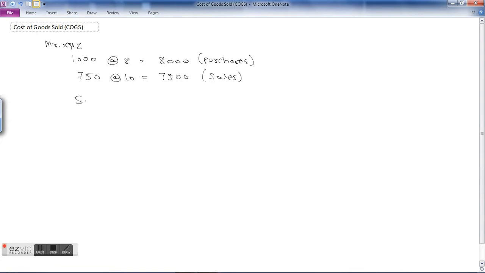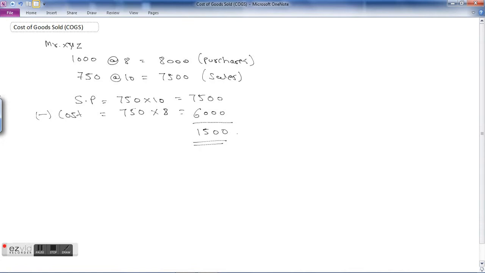You'll calculate selling price, that is 750 chocolates into 10, so that makes it 7,500, and then you'll reduce the cost of those chocolates. So the cost of only 750 chocolates you'll reduce, that is 750 into 8, that gives you 6,000. So total profit that he made is 1,500.